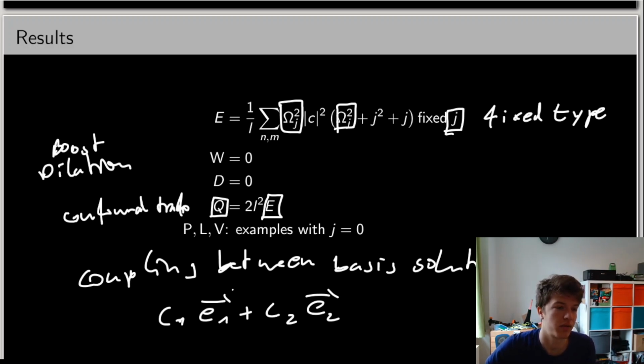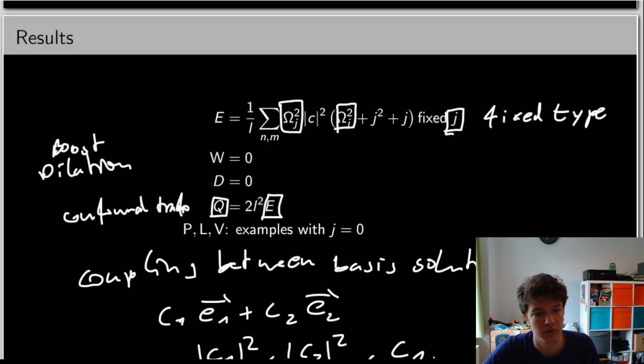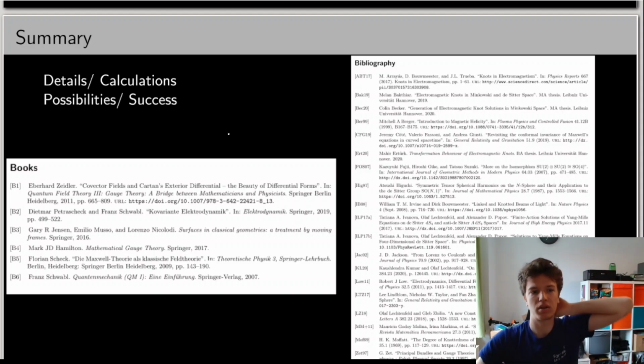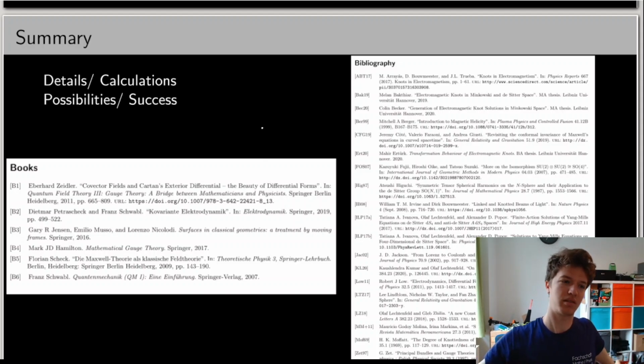Then if there's no coupling, that means that it's just proportional to the absolute value of C1 squared and the absolute value of C2 squared. But for coupling, it's also C1 times C2, or perhaps with a complex conjugate, depending on how you explicitly calculate. So if you want to know any further details, just ask in this group at Hanover, probably.